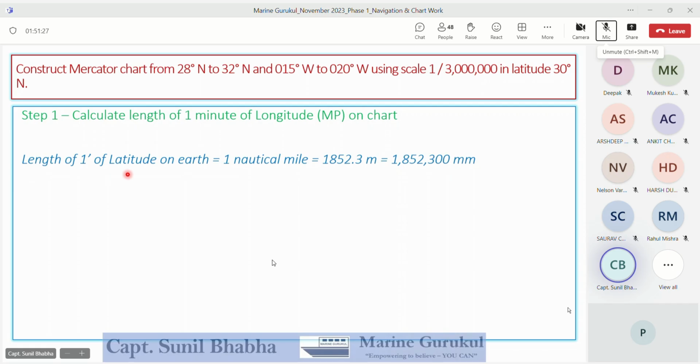The length of 1 minute of latitude on Earth is equal to 1 nautical mile. That is the definition of a nautical mile, and it is equal to 1852.3 meters. Now let's convert into millimeters. That will be much easier for our reference. So 1852.3 meters converts to 1852300 millimeters.